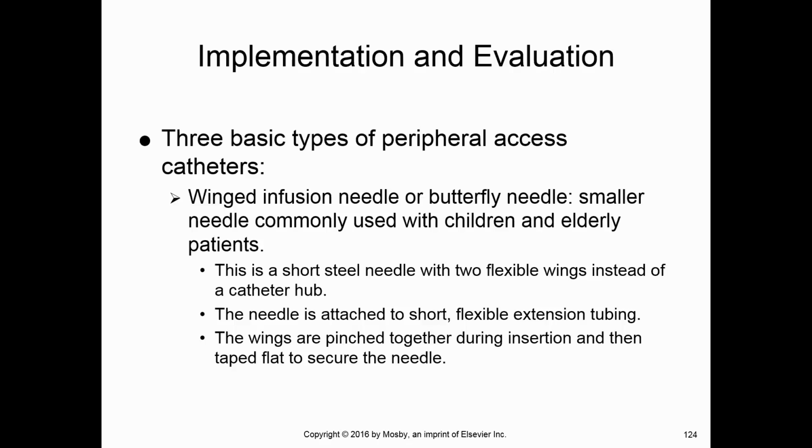I'll have to show these to you in lab. They have little plastic wings on the side for the nurse to hold as you're trying to insert these. Once you see these, you'll see how that could be called a butterfly.